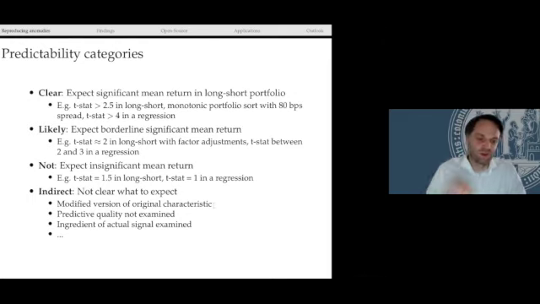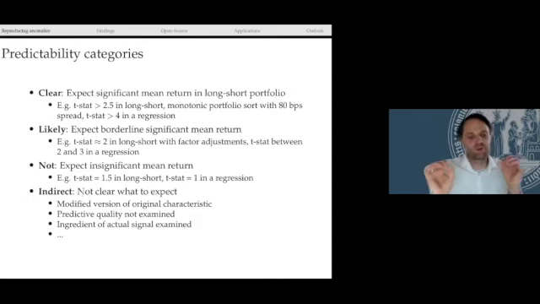So, for instance, an original paper might look at annual Compustat data, and then the Hu Zhang paper also includes a quarterly version of that. We say this is an indirect one. This is a very simple example where you would expect the relationships to still hold, but it's still a modified version of the original characteristic.